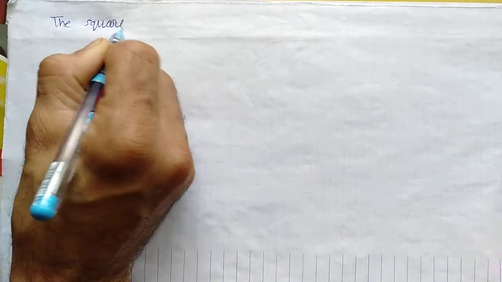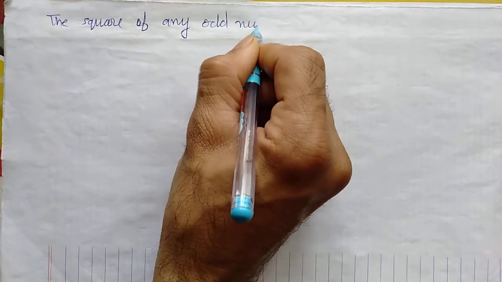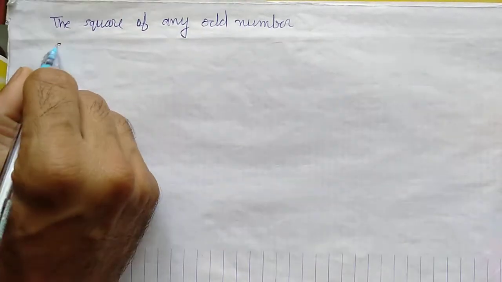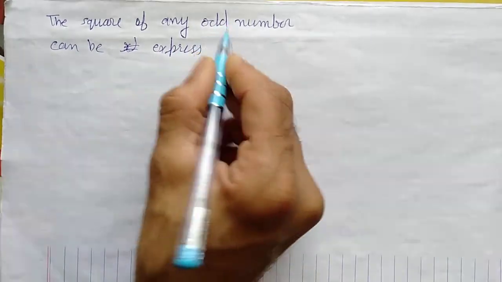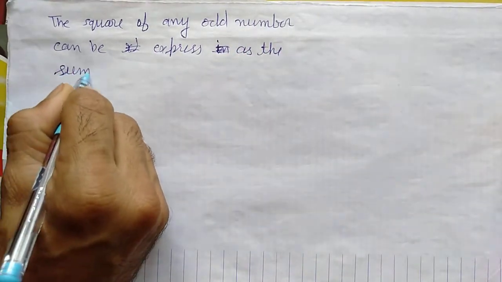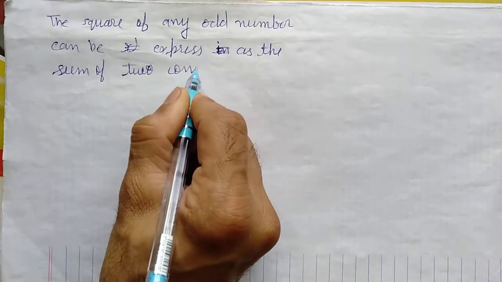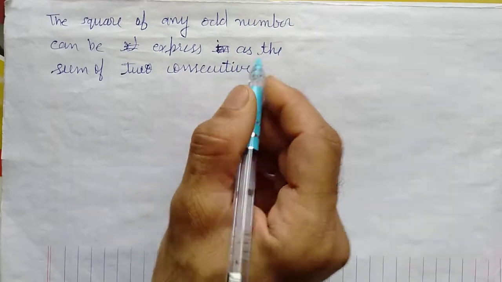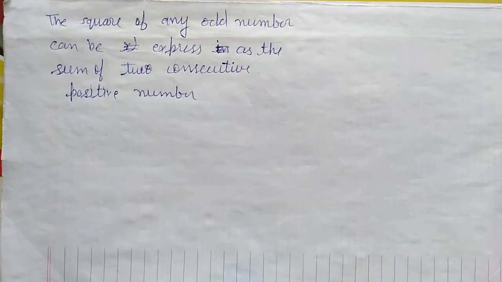Next property is the square of any odd number, I'm just writing here: the square of any odd number can be expressed as the sum of two consecutive positive numbers. Right?